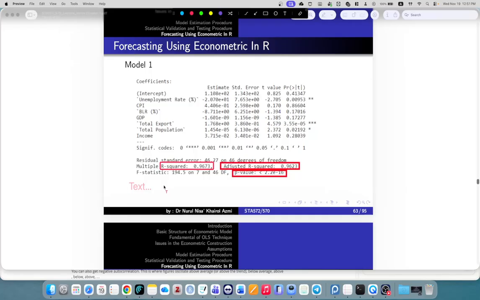You can state that, we use percentage to explain, 96.23% of the total variation in Yt is explained by the IVs, while 3.77% is explained by other factors.